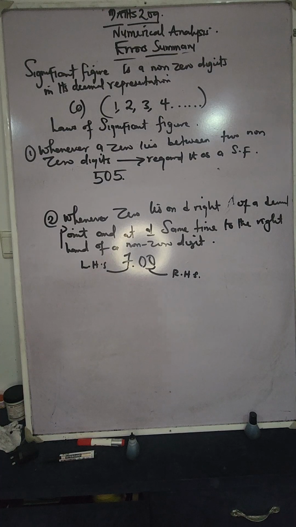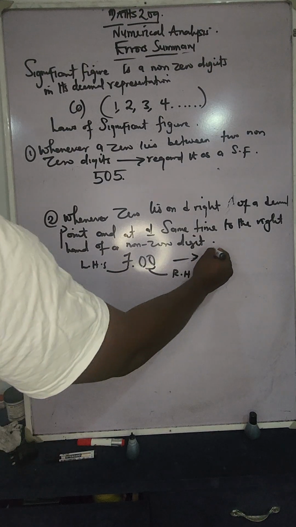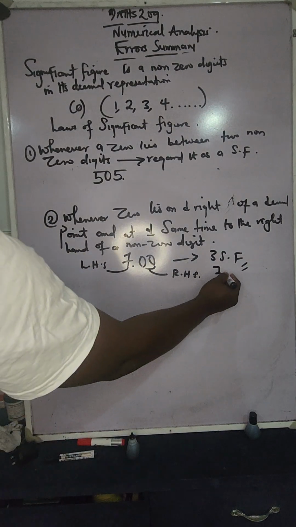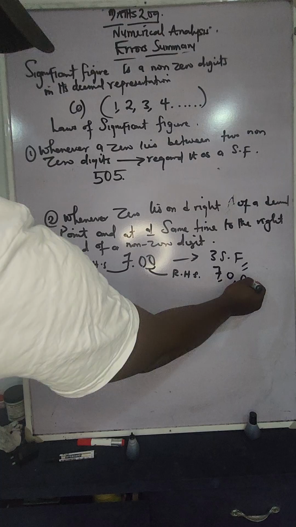So if you were asked how many significant digits are here, you will say 3 significant figures, which are 7, your 0, and your 0.